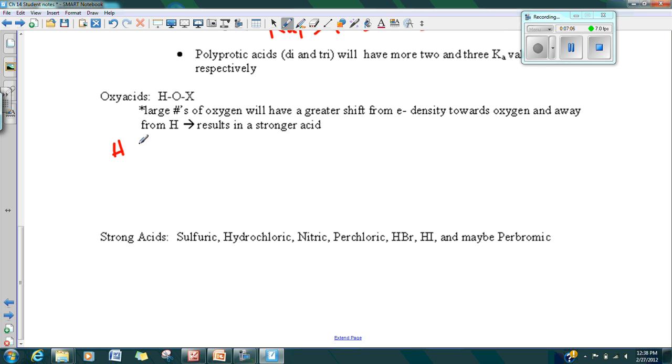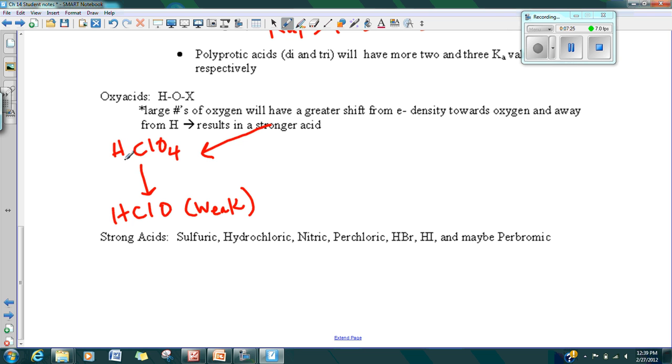So very simply, if I have HClO4 all the way down to HClO, you can see that I would have O4, O3, O2, O1. This is the strongest acid right here. It's very, very strong, and this one would be my weak acid.